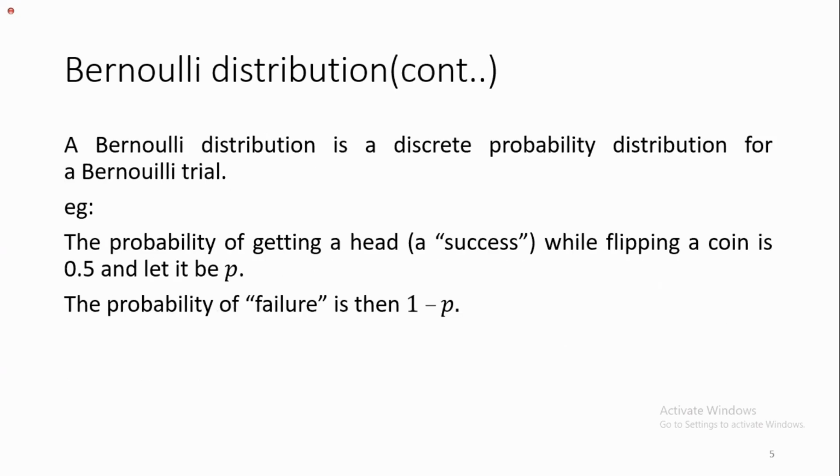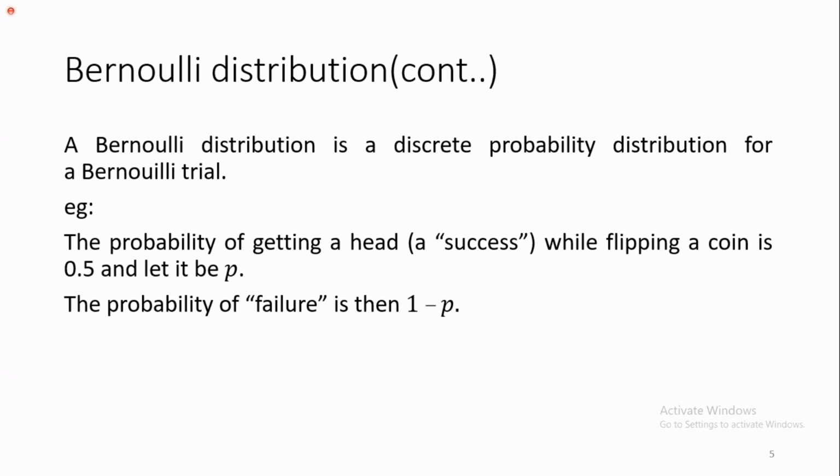A Bernoulli distribution is a discrete probability distribution for a Bernoulli trial. Now we learned what is a Bernoulli trial, and Bernoulli distribution means a discrete probability distribution for a Bernoulli trial. Understand? So, tossing a coin is a Bernoulli trial.